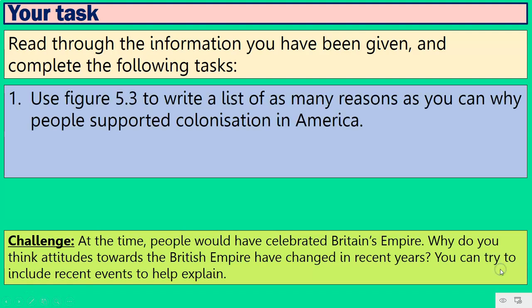So first of all, you need to use figure 5.3, which has the pictures of the Virginia Company, King James, the indentured labourers and the Pilgrim Fathers, and I would like you to use that plus any of your previous knowledge to list as many reasons as you can why people supported colonisation in America. So pause here, complete that task, and then come back for your second task.